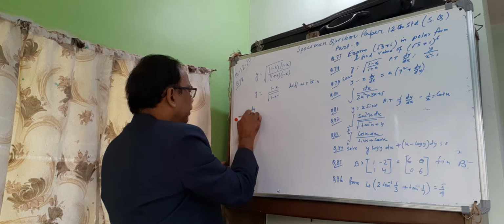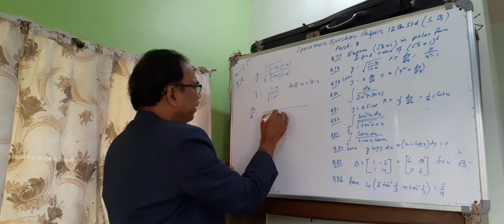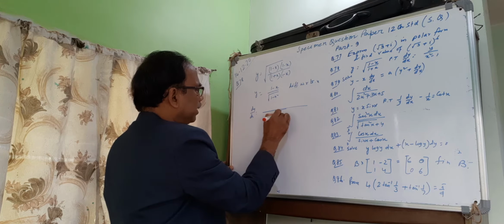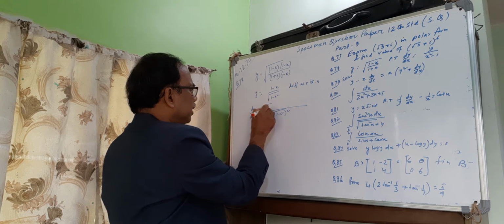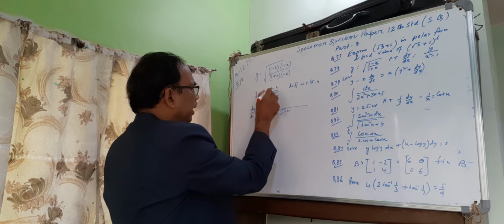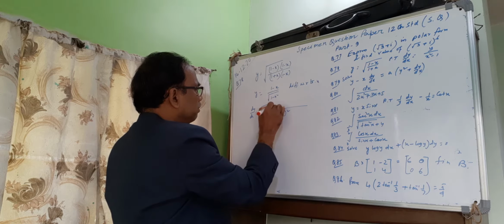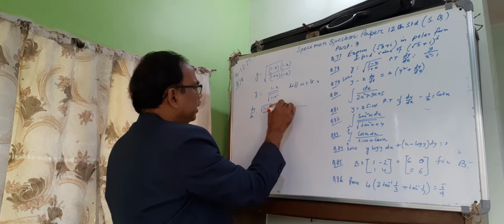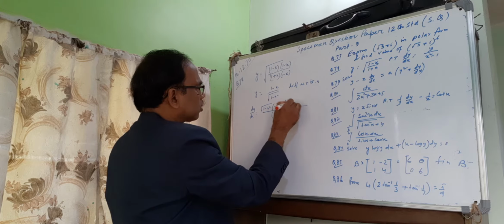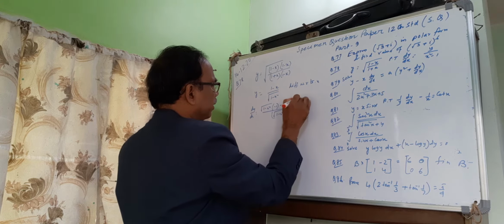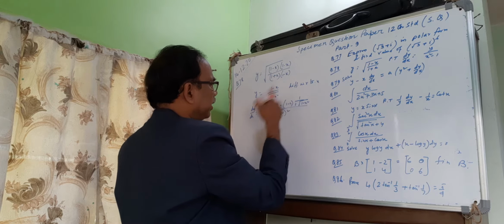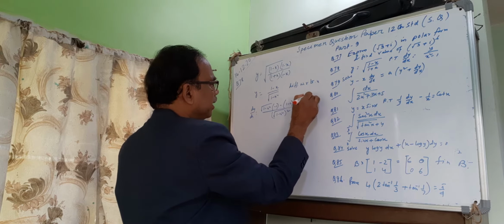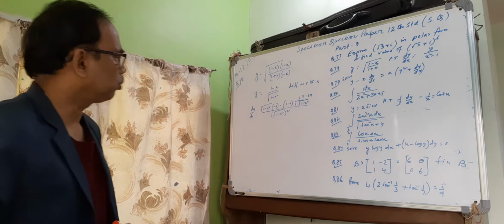dy by dx equals, it is u by v. So root over of 1 minus x square whole square. Root over of 1 minus x square is constant and the numerator derivative is minus 1, minus 1 minus x constant, differentiation of denominator, that is 1 by 2 root over of 1 minus x square. Then in chain rule it is minus 2x, the x square derivative being minus 2x.